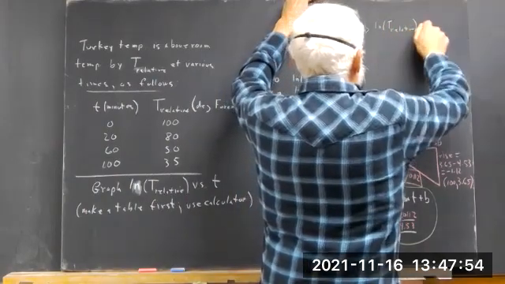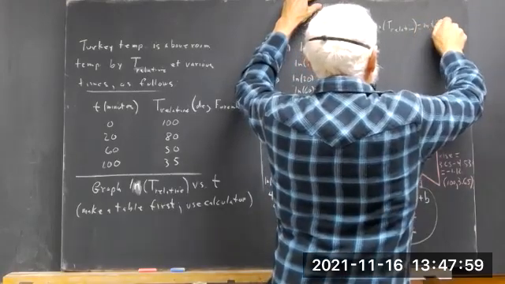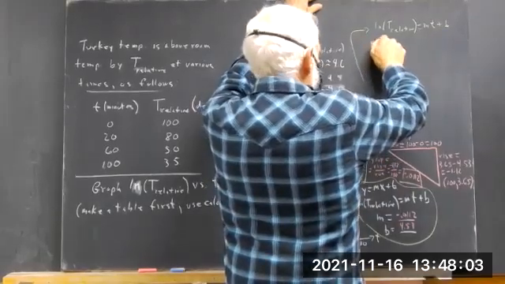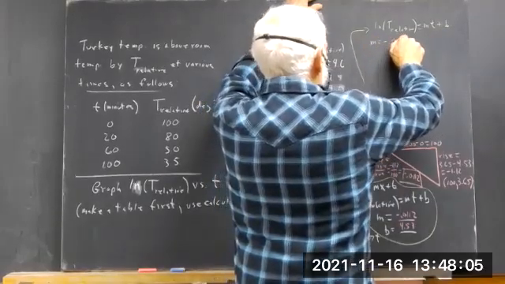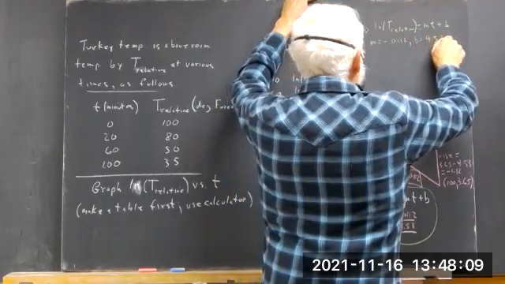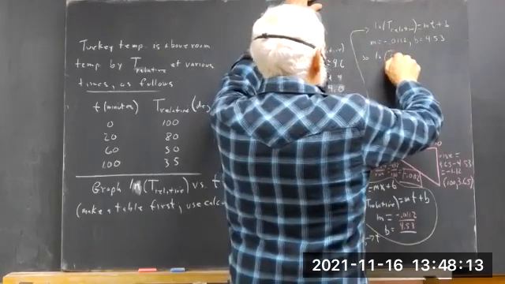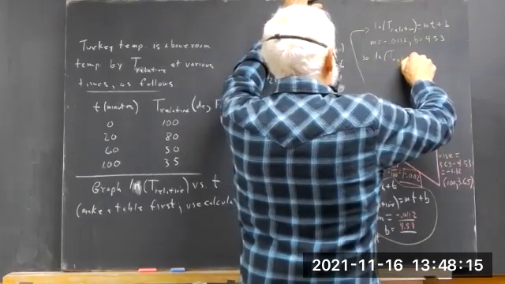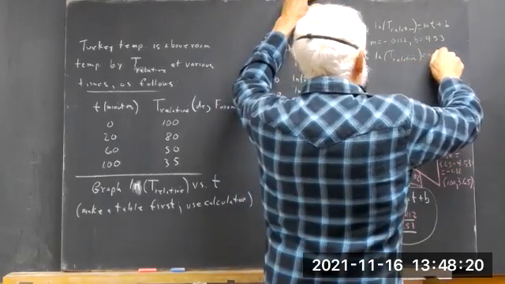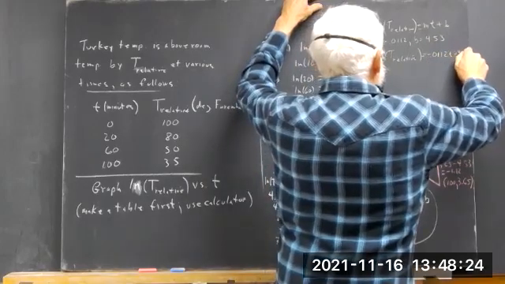natural log of t relative equals mt plus b. m equals negative 0.0112. b equals 4.53. The natural log of t relative is negative 0.0112 t plus 4.53.